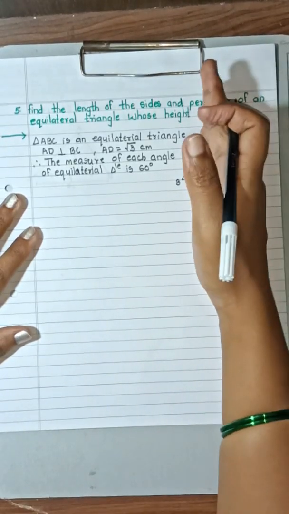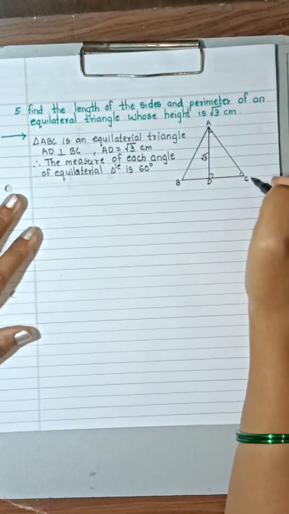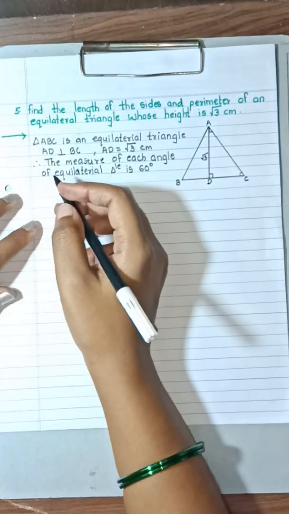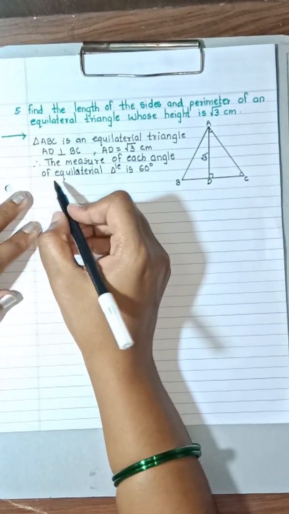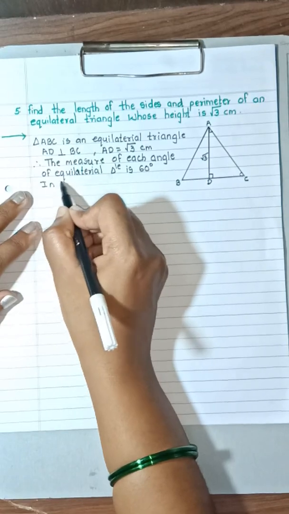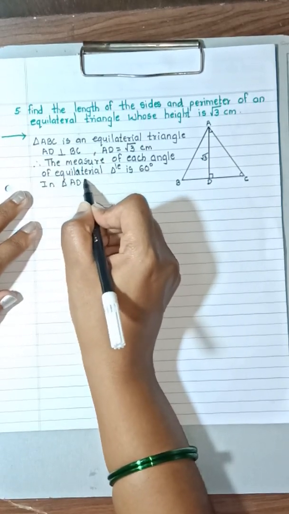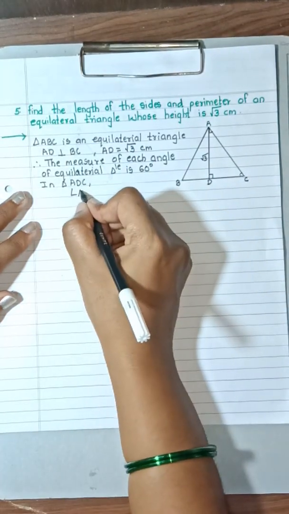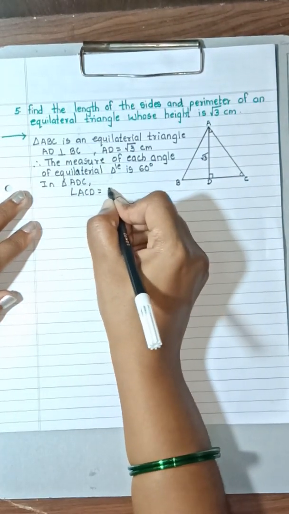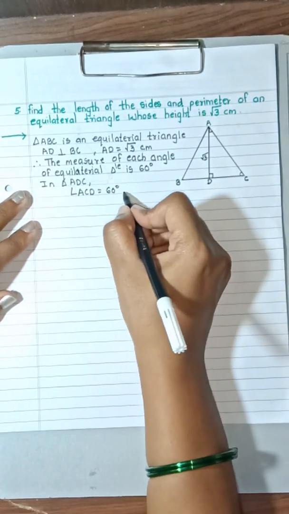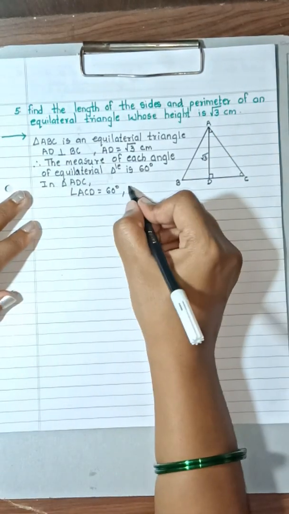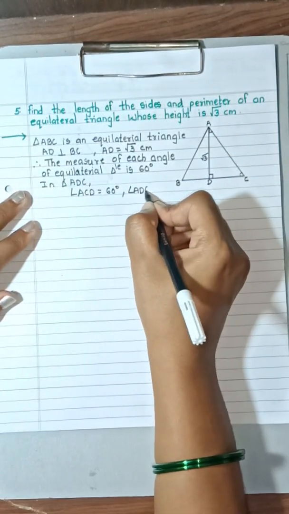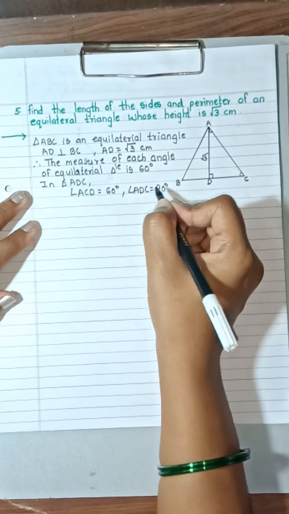Now let us consider this triangle, that is ADC. Now you can say that in triangle ADC, angle ACD is equal to 60 degrees. Angle ADC is 90 degrees.